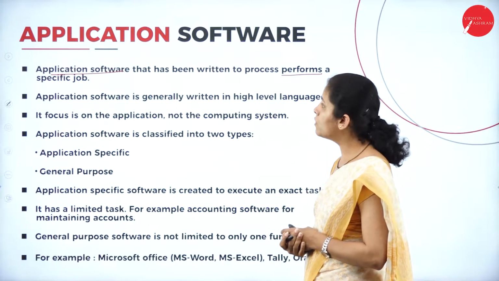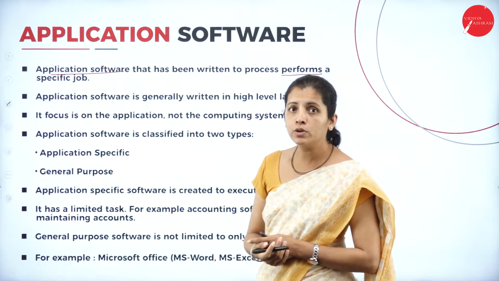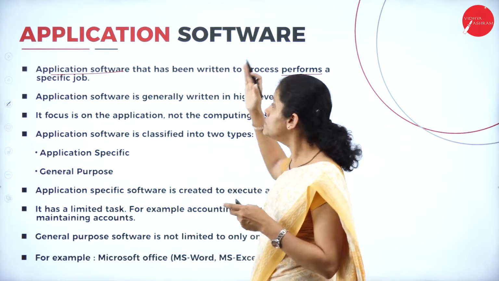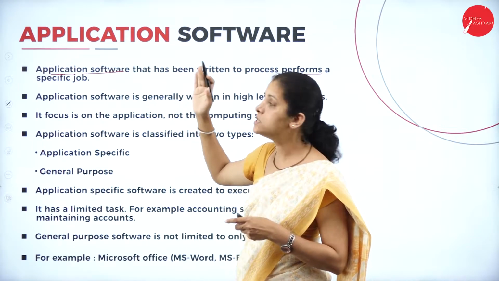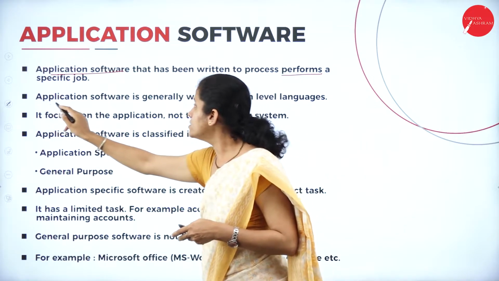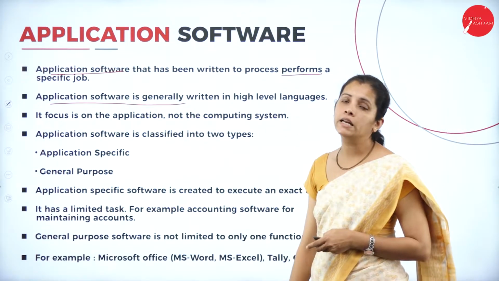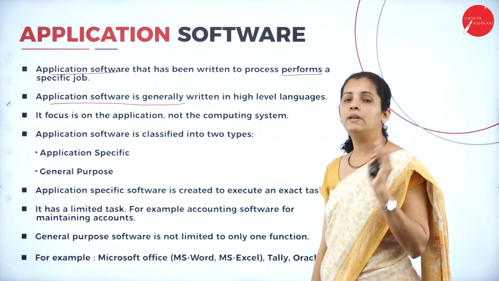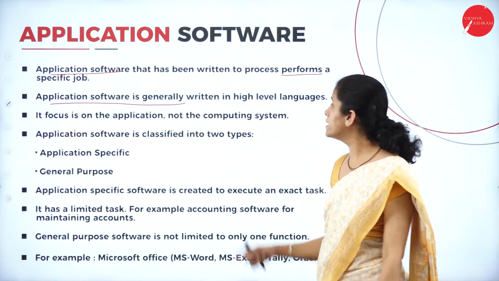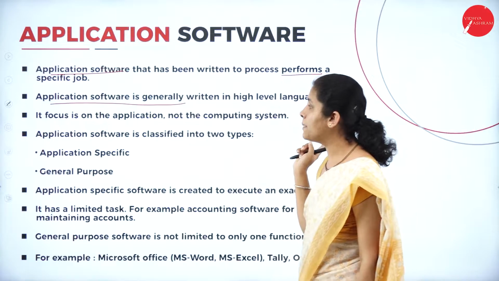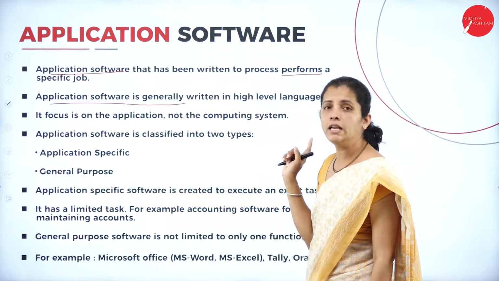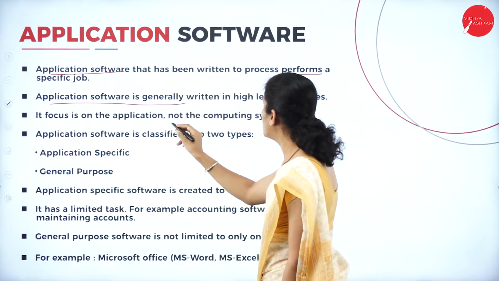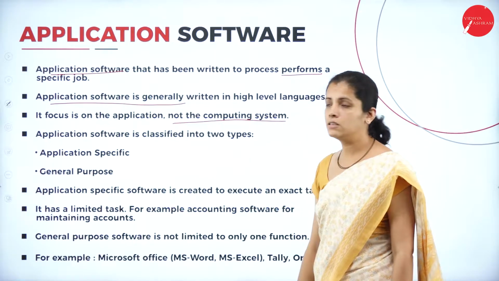So application software is nothing but a computer program, and it is mainly designed to perform a specific job or specific task. Application software is generally written in high level language. So most of the application softwares are written by using high level programming language, and it is mainly going to focus on the user application, not the computing system.